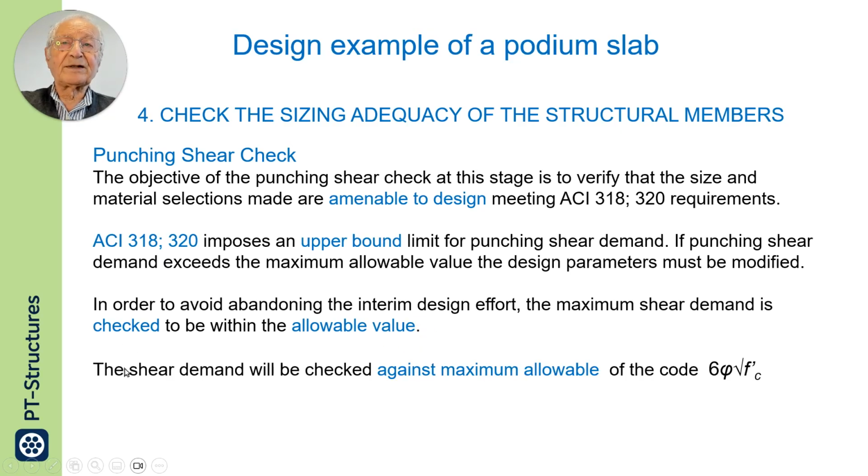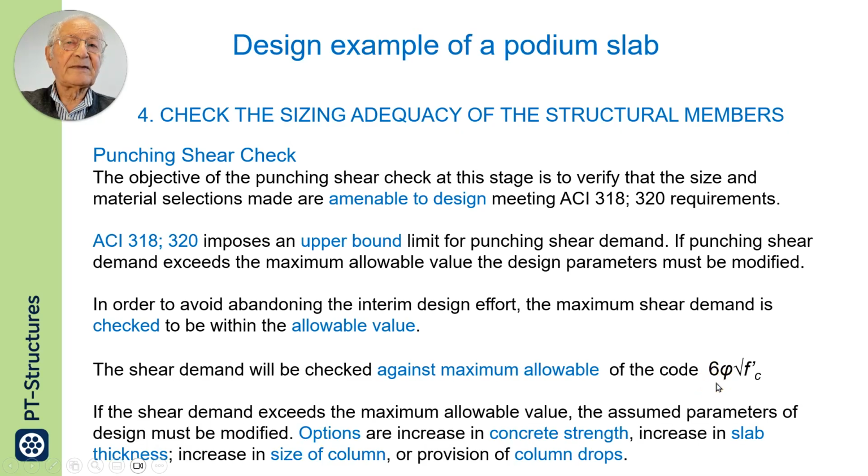How do we do that? The shear demand has the maximum value given here. If the shear demand exceeds the maximum allowable value, the assumed parameters of design must be modified.